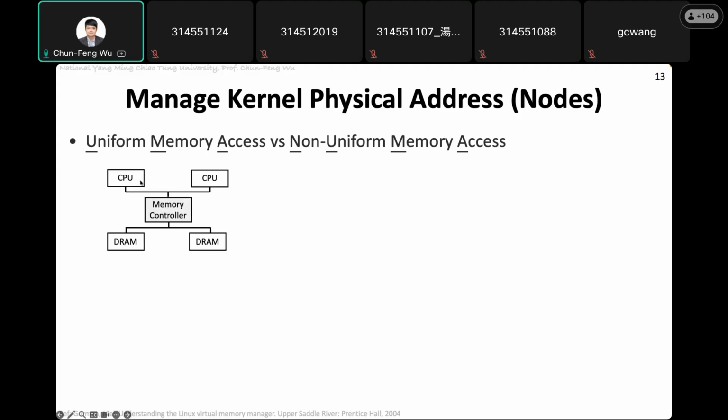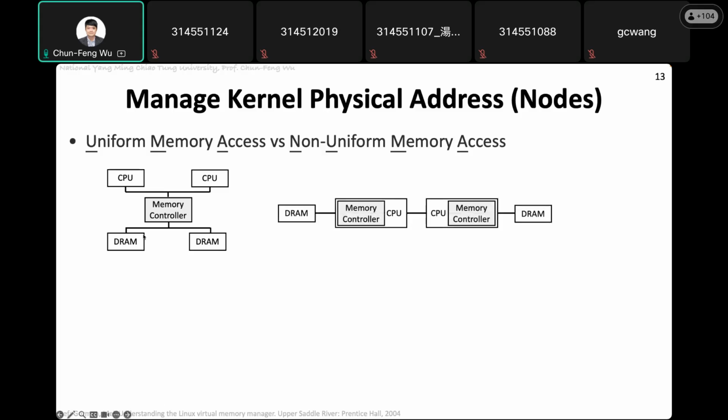So in this case, no matter which CPU accesses which DRAM, the latency is the same. You can think of this memory controller as the design before 2019. Before 2019, there was a northbridge. The northbridge helps to handle the CPU and DRAM communication.